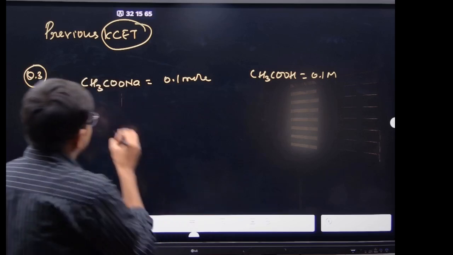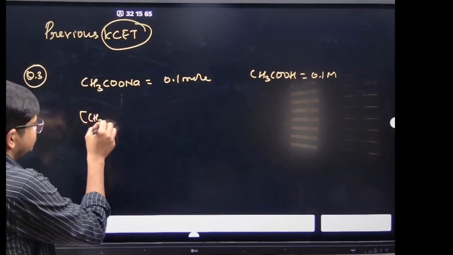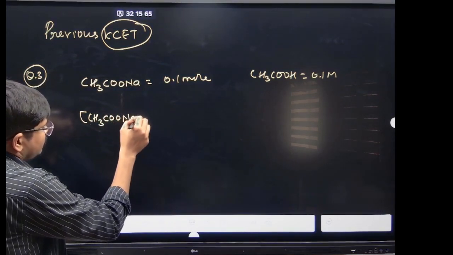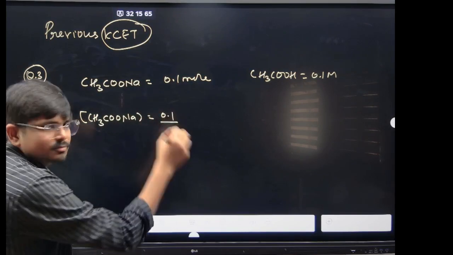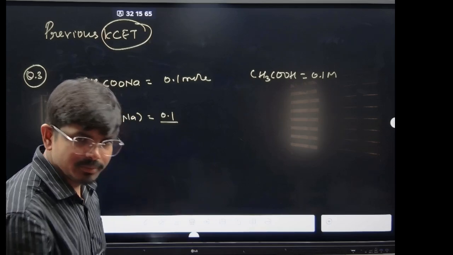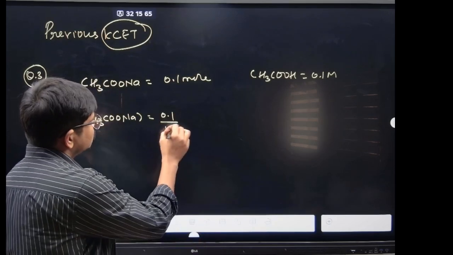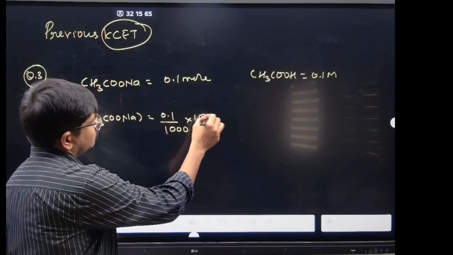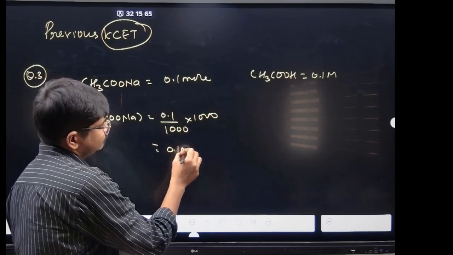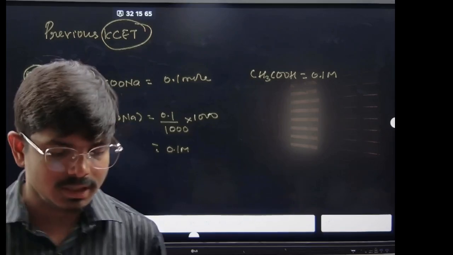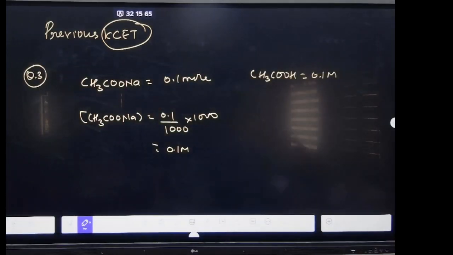You can easily find out the concentration of sodium acetate as given moles by volume, right? What is the volume here? 1000. This will also be 0.1 mole. Clear? To the above proportion, 0.1 mole of sodium acetate is further added, right? The pH of the resulting buffer they are asking.